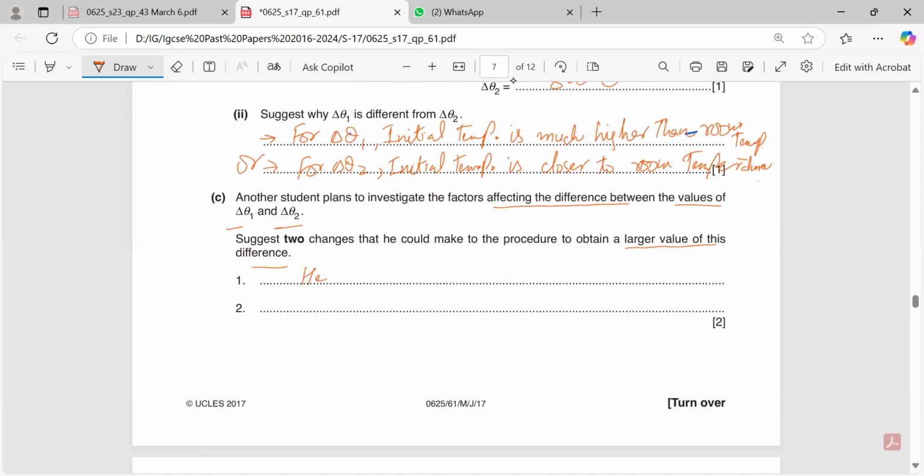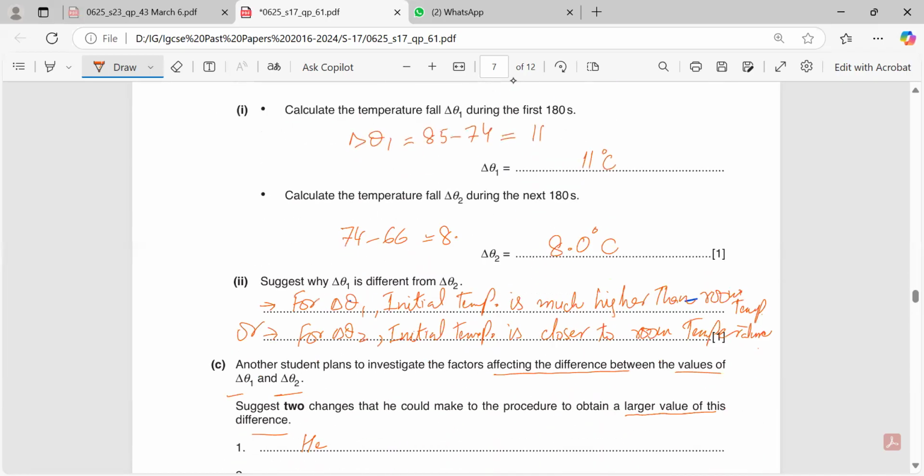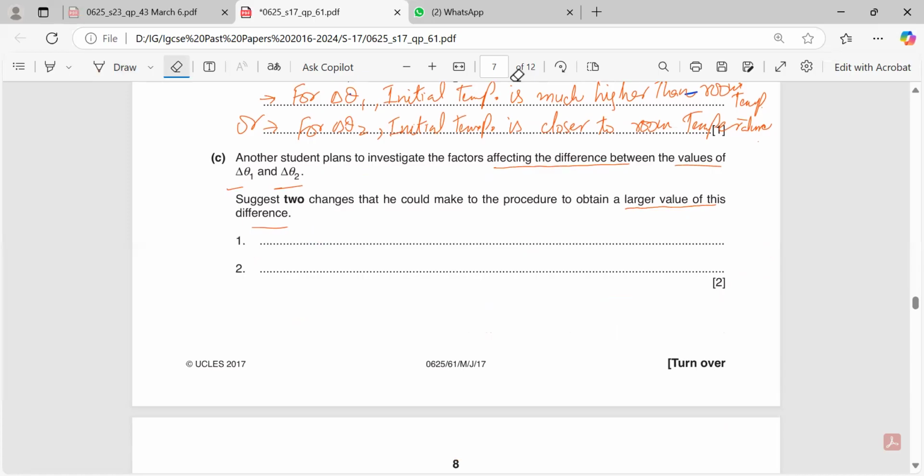It is he or she, I don't know. So he should use a longer time interval.